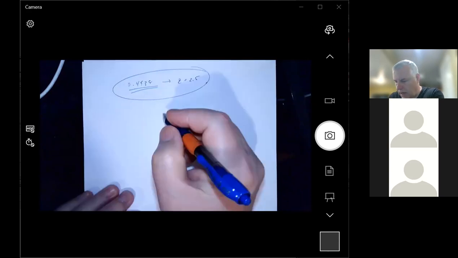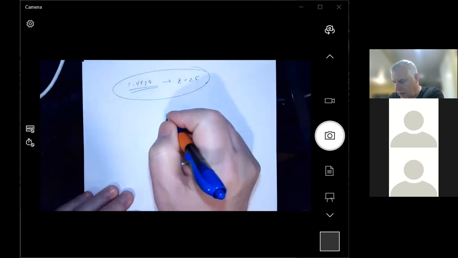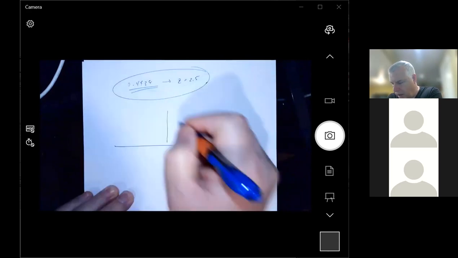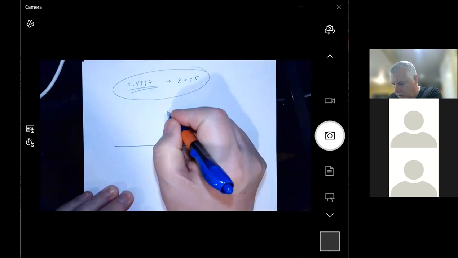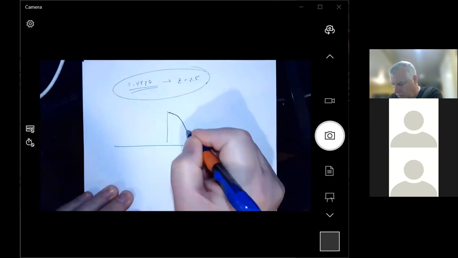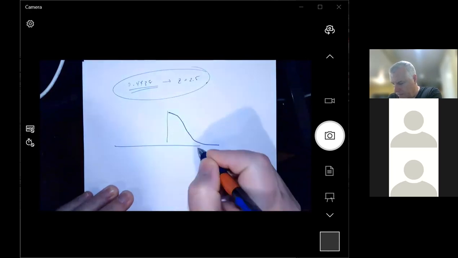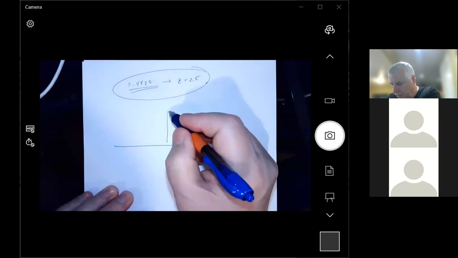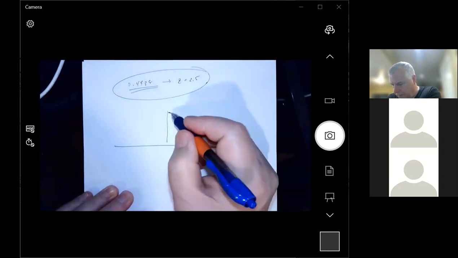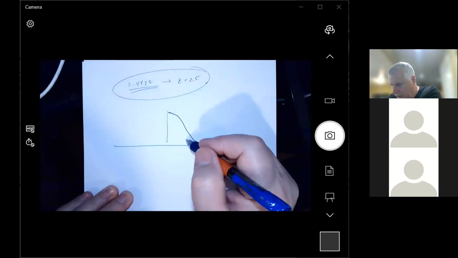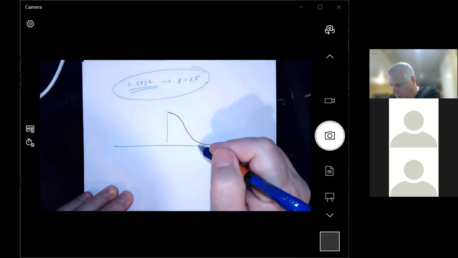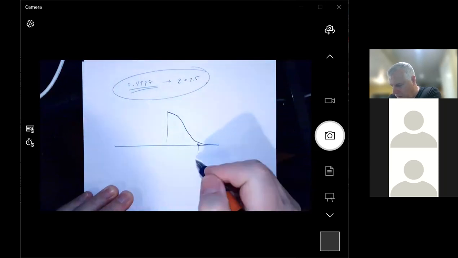So what this is saying is that for a Gaussian curve, if we just consider this half of it, the z equals 2.5 value is somewhere out here.